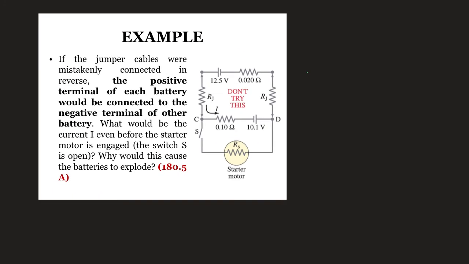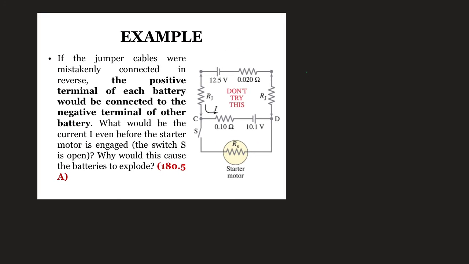The question asks you to find what will be the current I even before the starter motor is engaged, and why will this cause the battery to explode? So first things first, we are going to find the current. The R there, we already found, which is 2.57 times 10 to the power of negative 3 ohms.